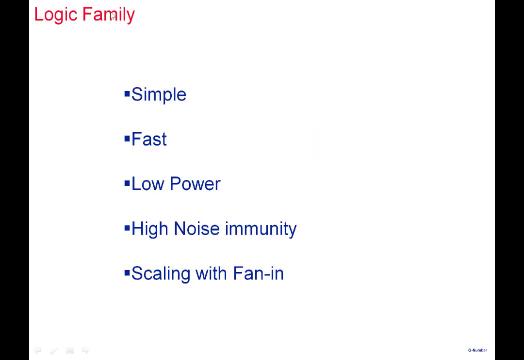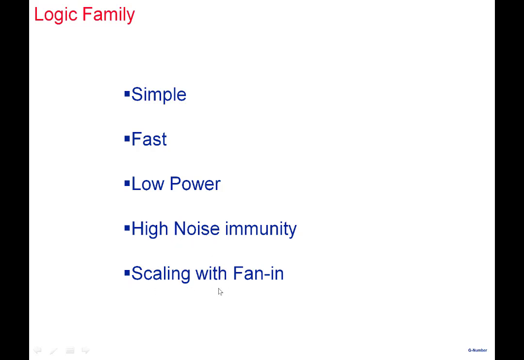And when you're looking at different logic families, these are the dimensions along which you compare them. What we're looking for is simplicity, in terms of the area that my NAND gate or an inverter or a NOR gate occupies. We're looking for fast logic families, so delays tau PHL and tau PLH should be low. We're looking at low power operation. We're looking at good VTCs, high noise immunity.